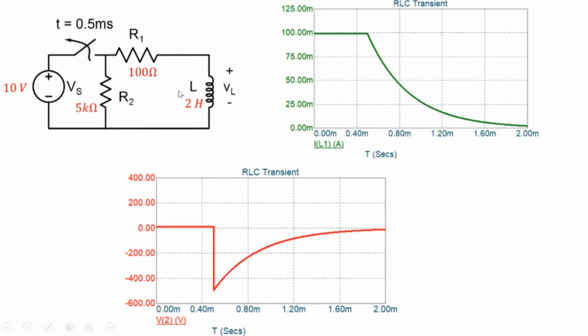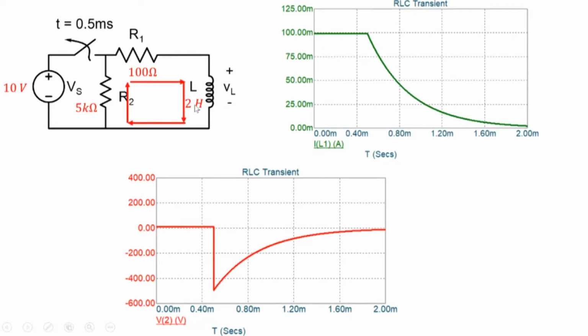All right, so a very simple application of an RL circuit for generating very high voltages momentarily. And of course, you can control the time constants by choosing the value of the inductor. If you choose the value of the inductor to be large, then L by R is large, and the current can flow for a longer period of time.